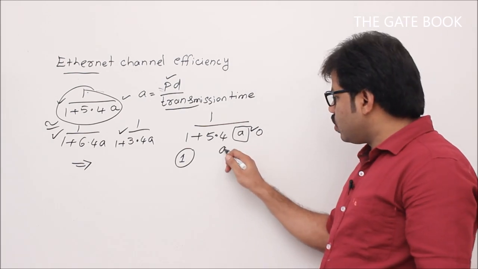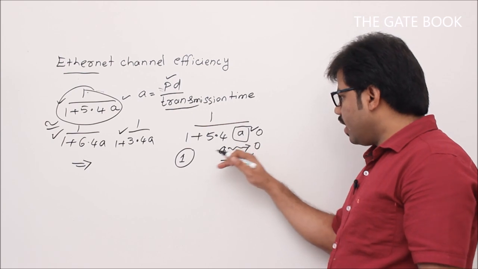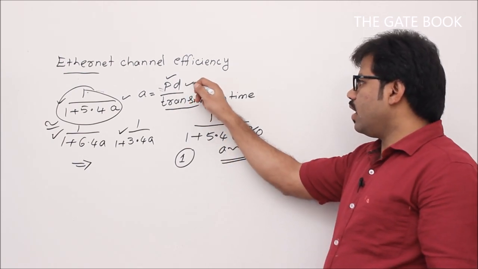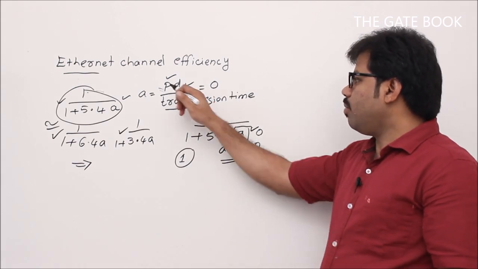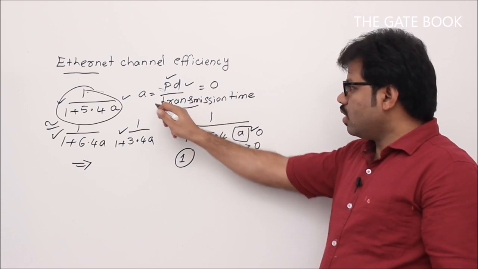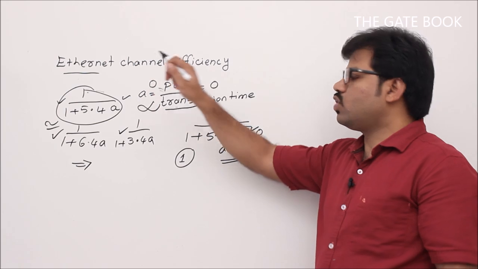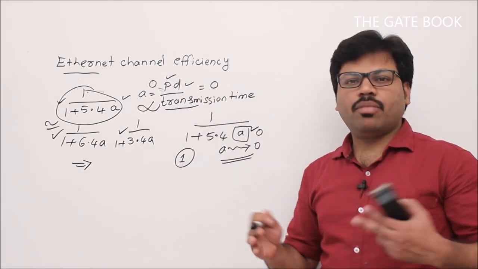When a tends to 0, exactly 0 is not possible, but to reach a value of 0, propagation delay by transmission time should be 0. So the transmission time should be very large and the propagation delay should be small. Then definitely Ethernet will perform better.